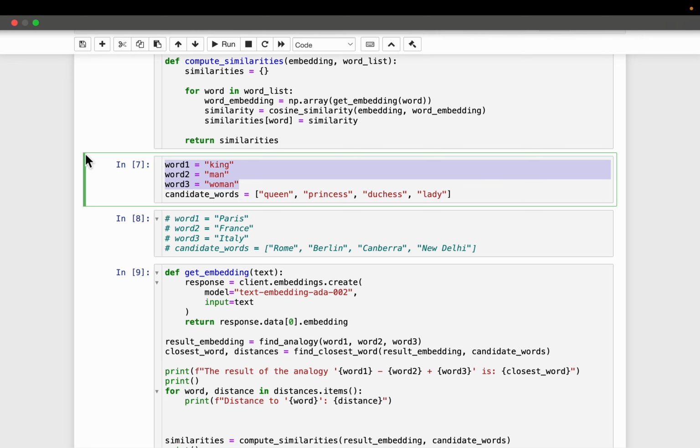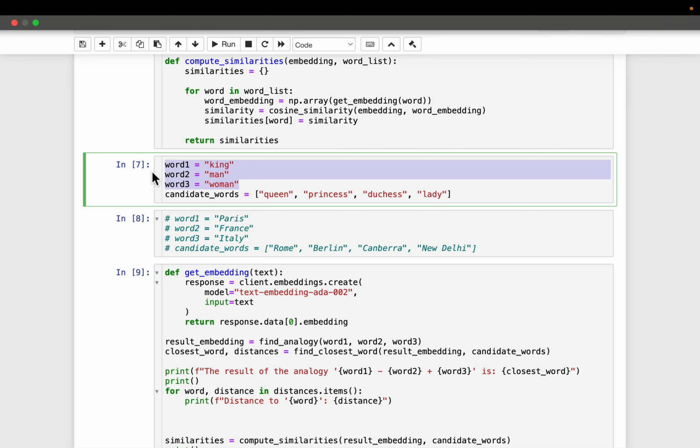Now on the right hand side, here we have selected a bunch of words which all have somewhat similar semantic meaning. And then we compute the embeddings for all these 4 words, and we will check which one of these 4 is closest to the left hand side where we performed this vector operation.